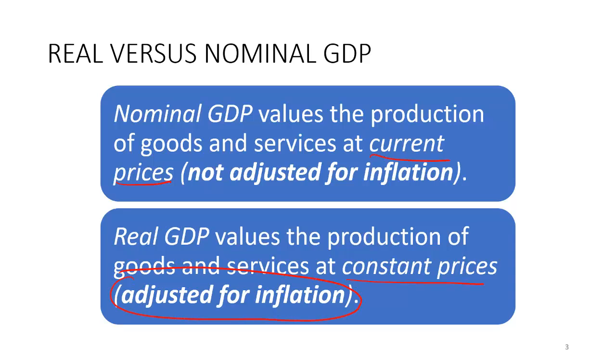And what is inflation? It is nothing but a general increase in prices. So real GDP does account for the increase in prices. Real GDP shows how much is the actual change in goods and services production in a country. The question is this: how do we convert nominal GDP into real GDP?